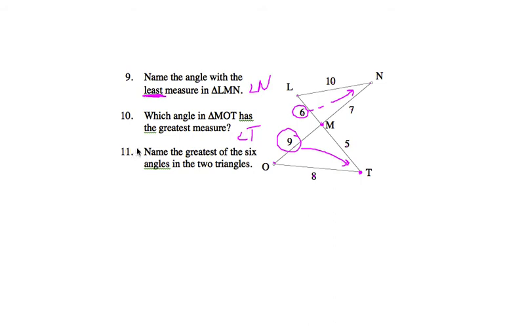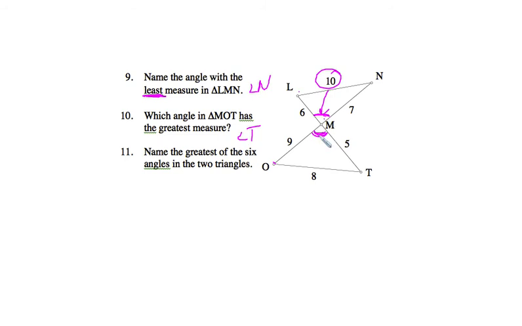Now number 11 is a little bit trickier. It says name the greatest of all 6 angles in the 2 triangles. So let's back up. If I just look at the top triangle, I know that 10 is the biggest, so angle LMN is the biggest in these 2 triangles. However, it's just the biggest in this triangle. On closer inspection, this angle is vertical to this angle, which means these 2 angles are the same.